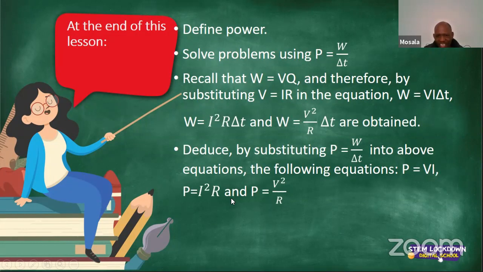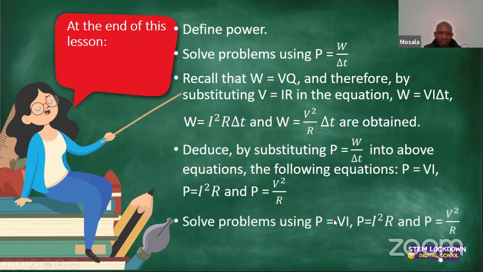So it will be I squared R. And you do the same here. Where you are having I, you are substituting V over R. So it will be V squared over R. And solve the problem using all of these equations that are related to power.